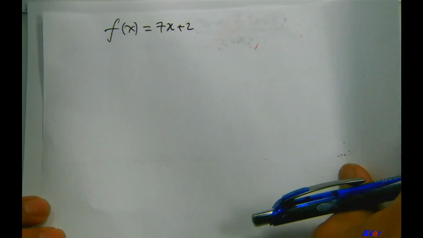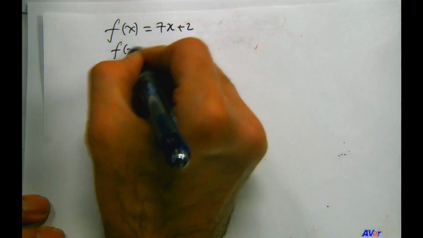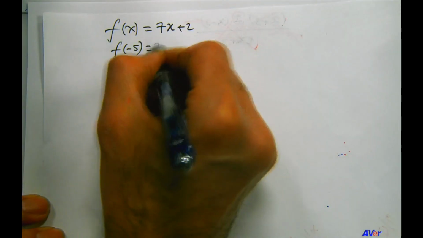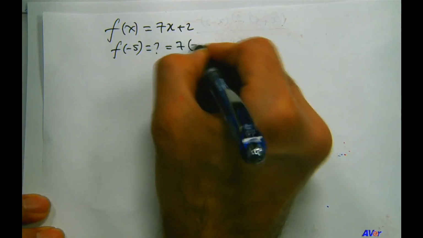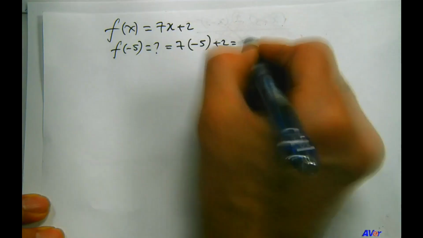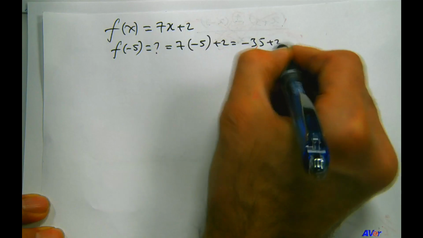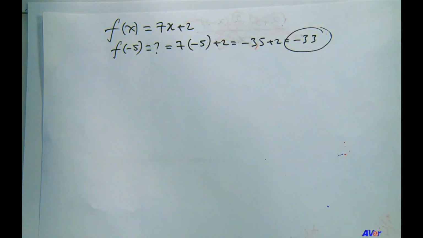So this x can be a number, right? Like I said, if I say, guys, calculate this function at -5, every single one of you will correctly say, okay, 7 times -5 plus 2, so I got -35 plus 2, so I got -33. I've given examples like this.